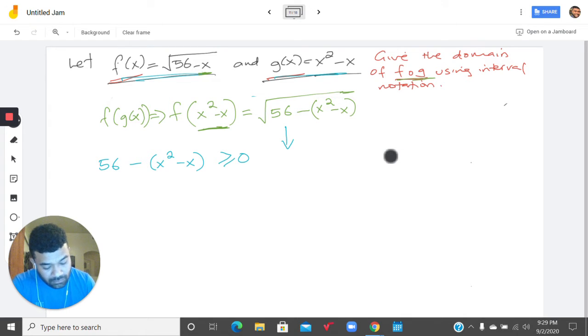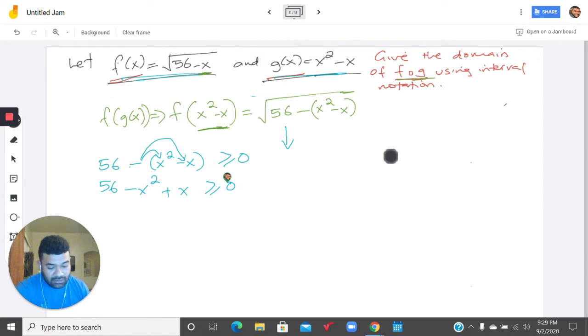So let's try and solve this inequality itself, and see if we can remove a negative or positive. So now we have a 56, and then you distribute that, you'll have a negative x squared, and then you distribute that guy, the negative and the negative is going to be a positive x, greater than or equal to 0.